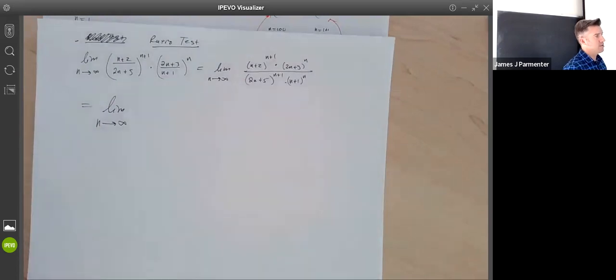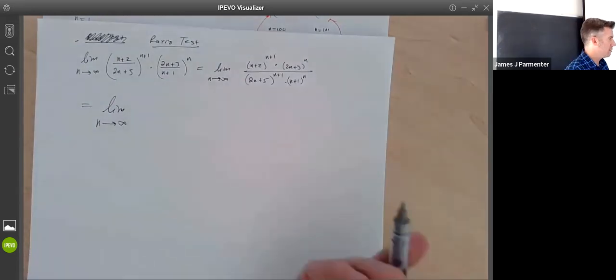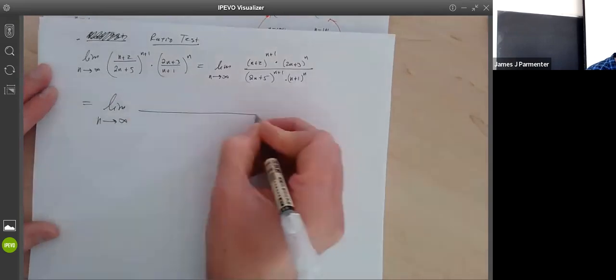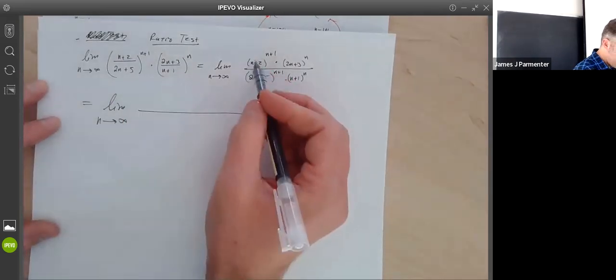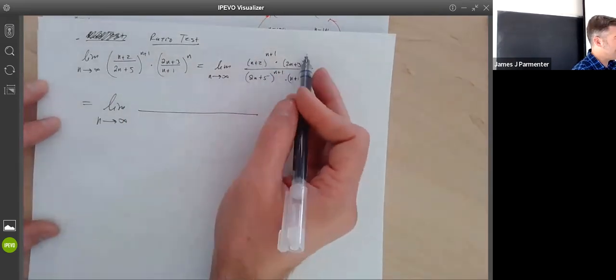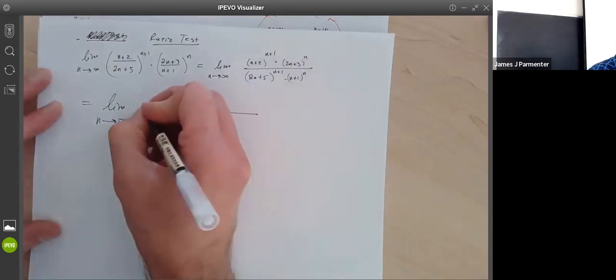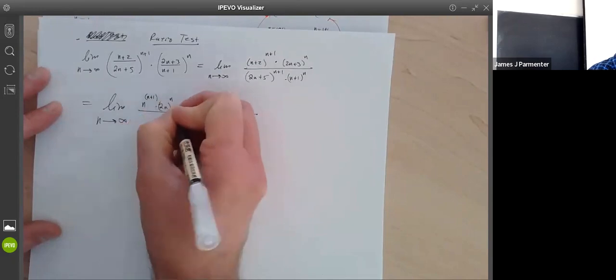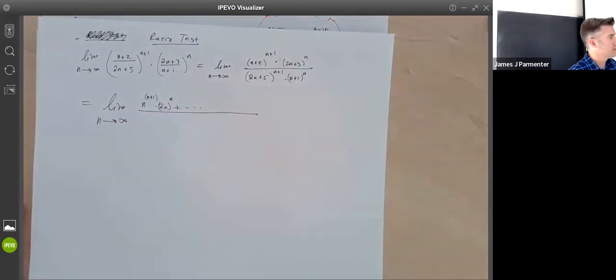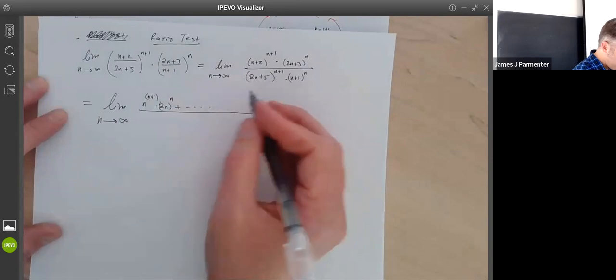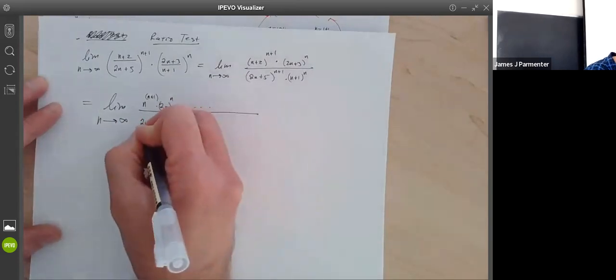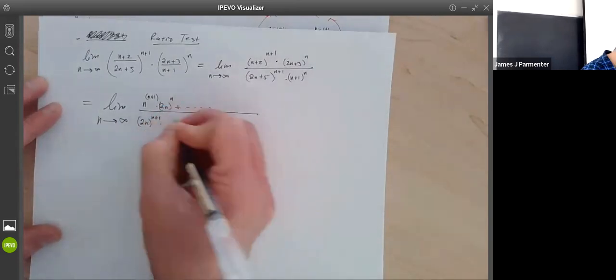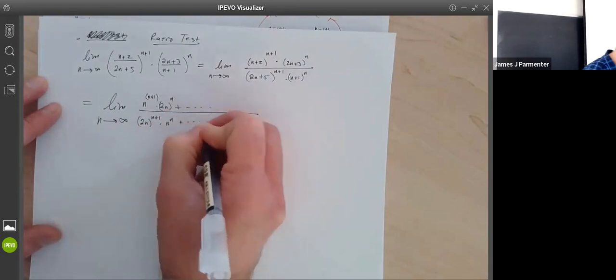But if you did, your first term here would be n to the n plus 1 times 2n to the n, plus smaller terms. And if you do the same thing on the bottom, your first term would be 2n to the n plus 1 times n to the n, plus smaller terms.